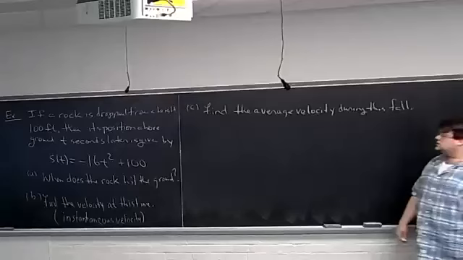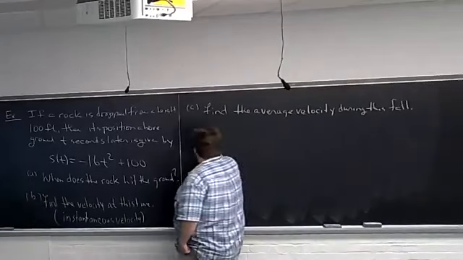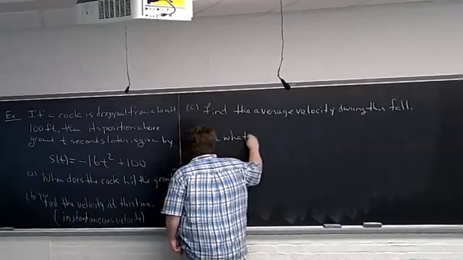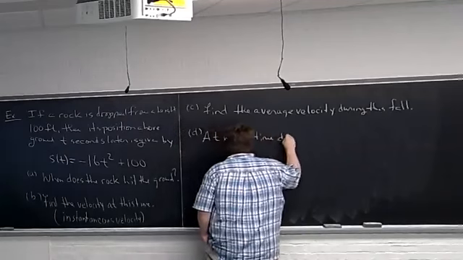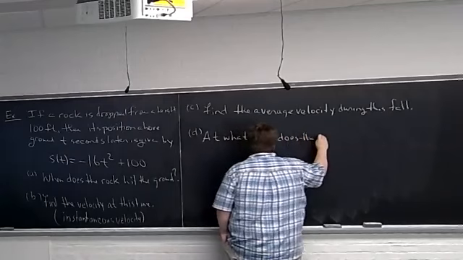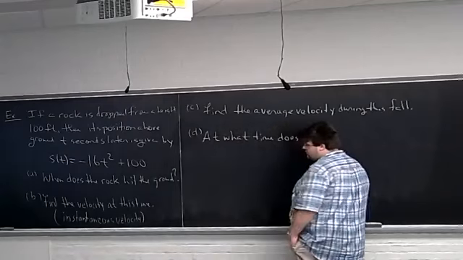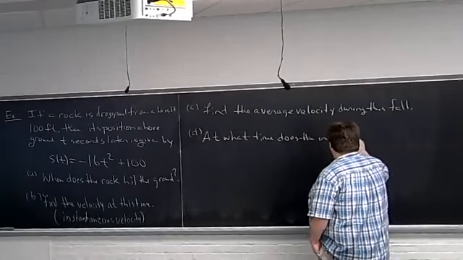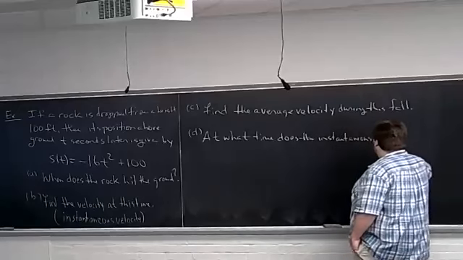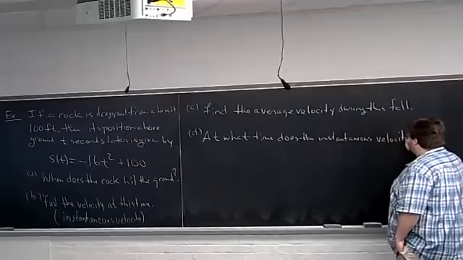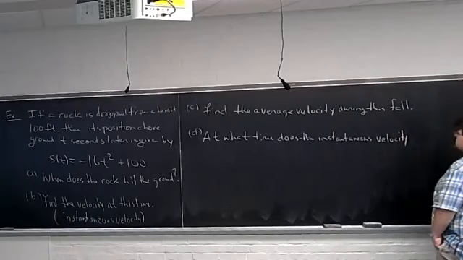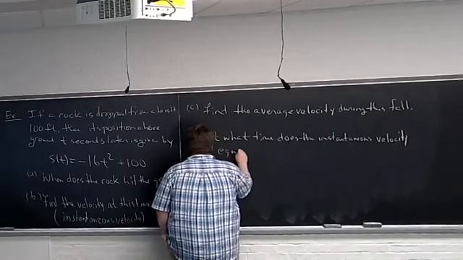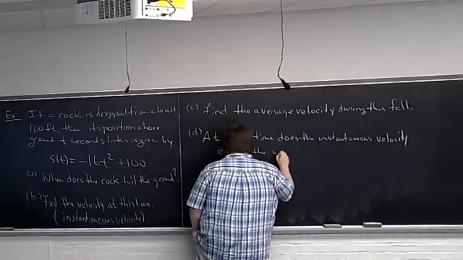And part D, at what time does the instantaneous velocity, so this will probably be the last time I write this exact word, at what time does the instantaneous velocity equal the value found in C?